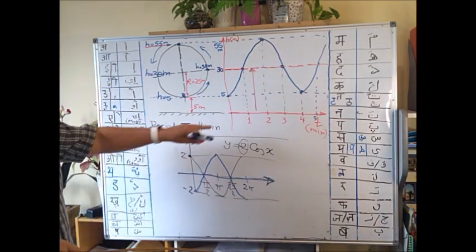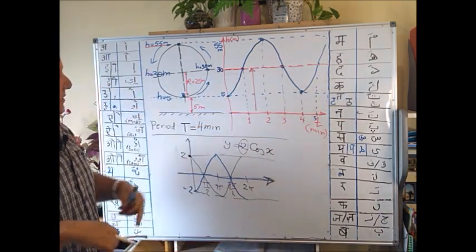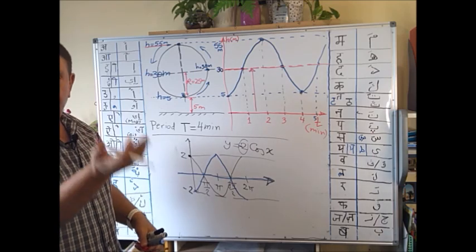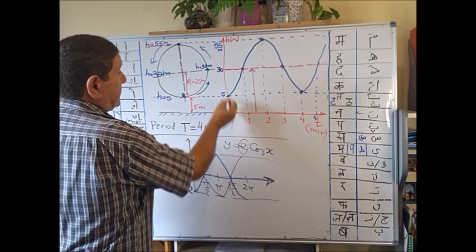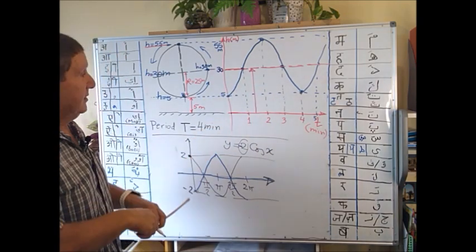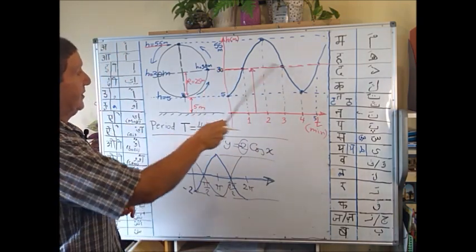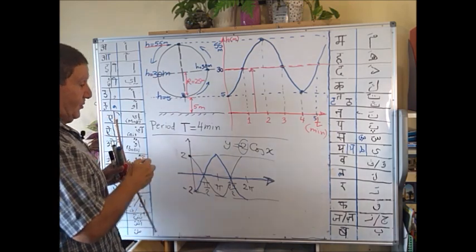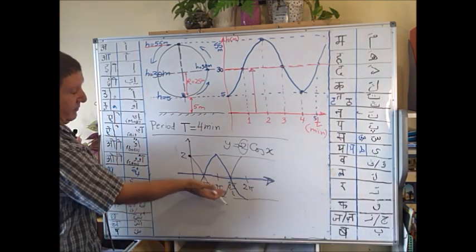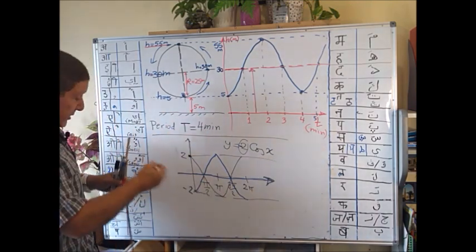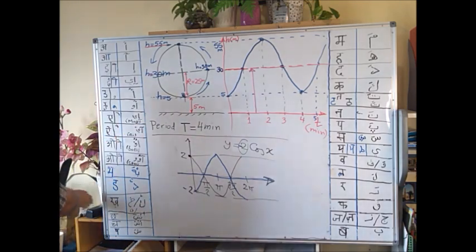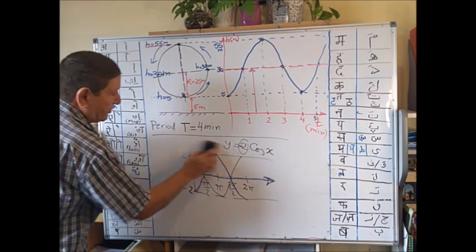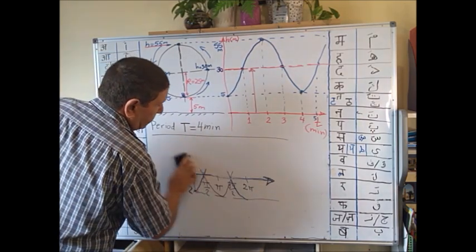The distance from here to the center line is the upward shift. This distance is 30, as you can see. At this height, h equals 30, so we have a shift of 30 meters. That's how we relate it to the cosine function and make it easy to find the cosine model.